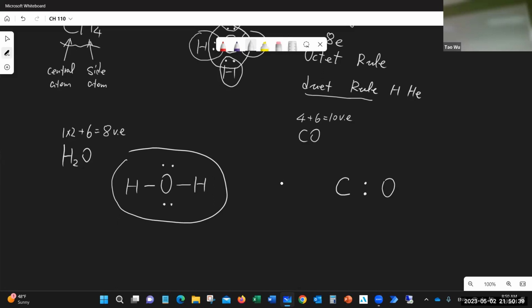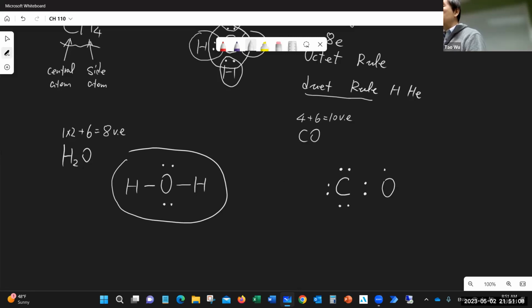So follow this rule. That means we're going to assign the 6 more dots on the carbon, and in this case carbon will be an octet. Then we don't have to worry about carbon. Since we have 10 electrons and have used 8, we have 2 more dots to go.